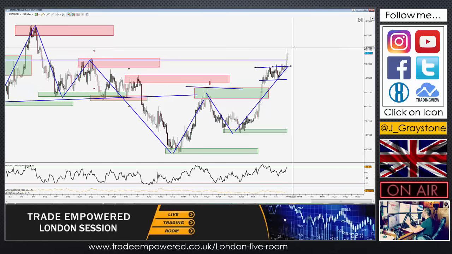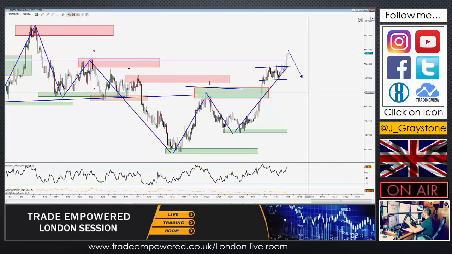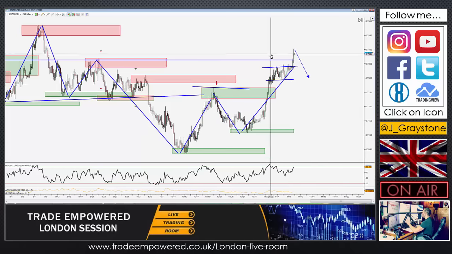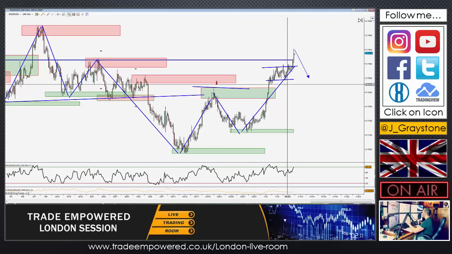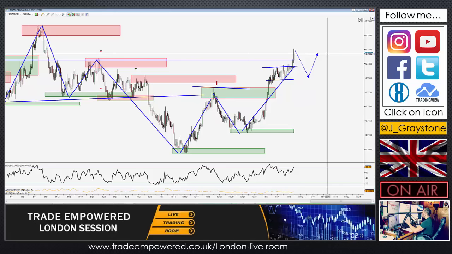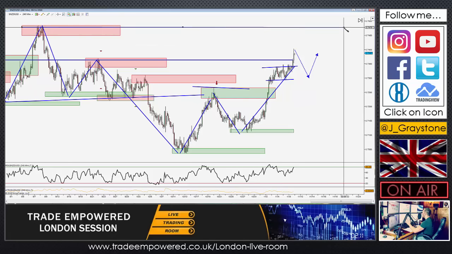I'd need price action to pull back down into this area, probably look at a lower time frame to get stops underneath this little structure level here, and then look to ride this up for a retest of the highs. And if you're looking for 2 targets, you might trail your stops up to this area here, which is previous structure resistance.